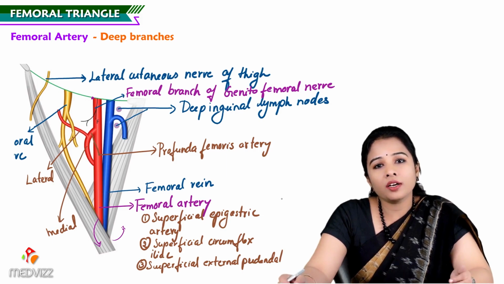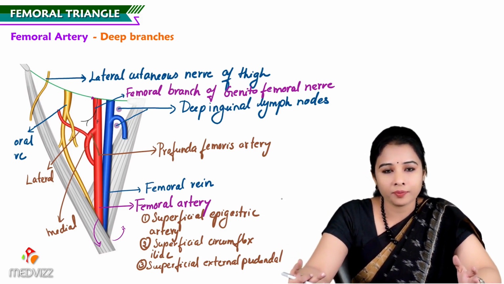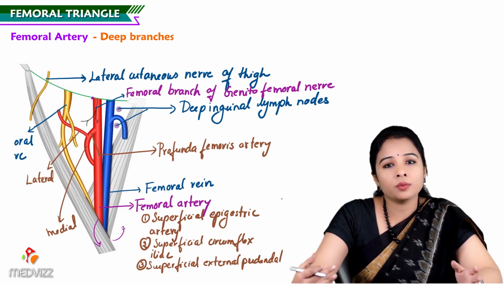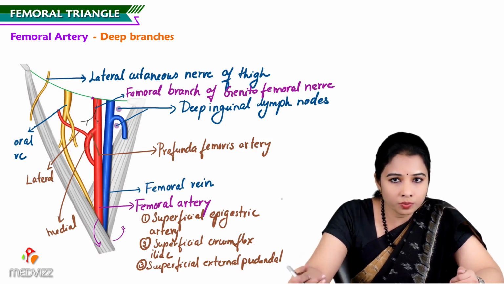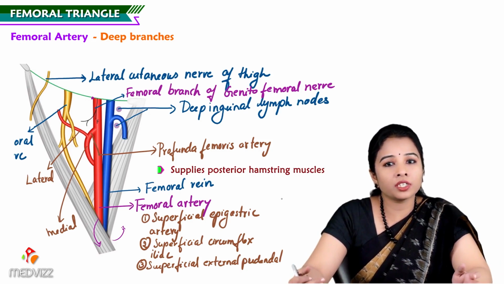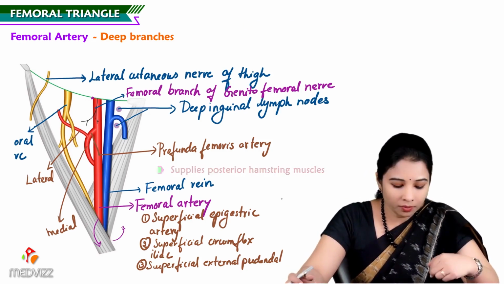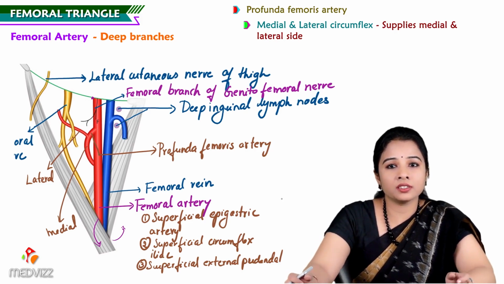Femoral artery is the only artery which supplies all the structures in the thigh. That is the reason the profunda femoris artery, as it is the largest branch, goes to the posterior compartment to supply most of the structures in the posterior, that is the hamstring compartment. Medial and lateral circumflex femoral arteries supply the medial and lateral side.